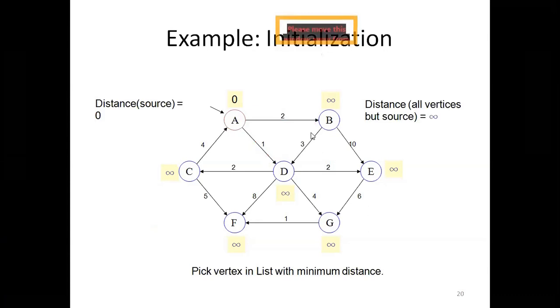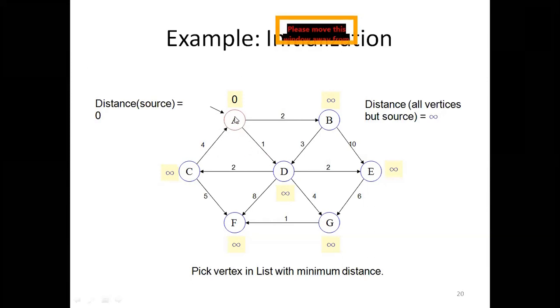Initialization. What is initialization? Initially, we are taking that source vertex, and that path is 0. We are starting from the source vertex, so the distance is 0. Now we want to consider what are the directed edges from vertex A, and what is the cost or distance to that particular vertex from the source vertex.